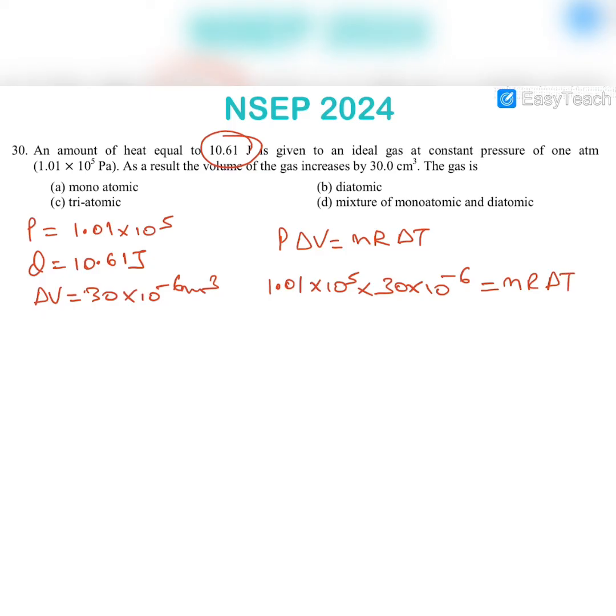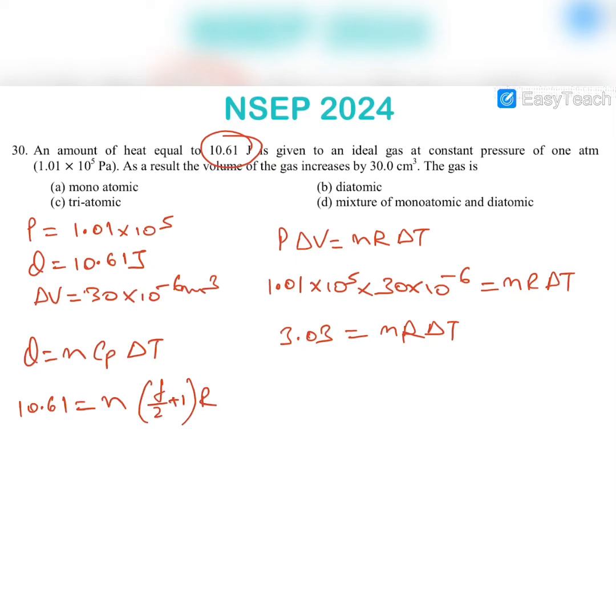Now you can see that this is 3.03 into 10 raised to power 0, which is cancelled, and therefore it is equal to nR delta T. Now we know that Q is equal to nCp delta T, and Q is 10.61. Cp is (f by 2 plus 1) into R, and delta T is delta T. So nR delta T is 3.03.